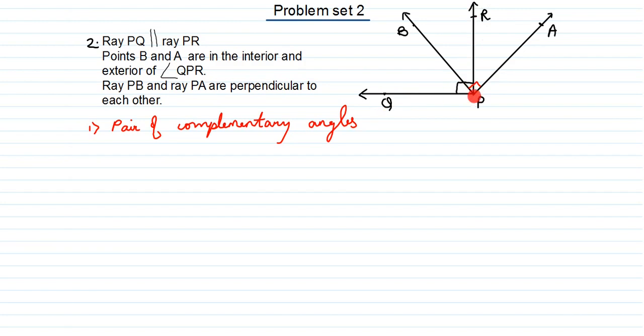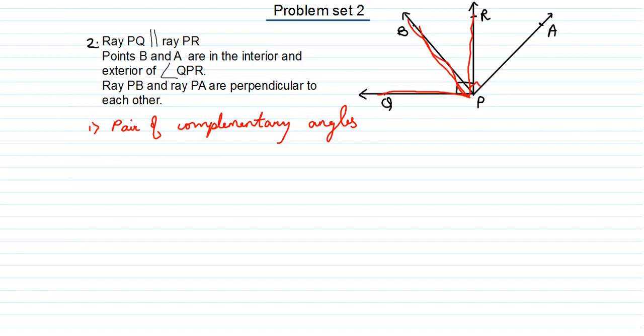But angle QPR is again made by two smaller angles. Let's say I'll mark the angles you have over here: angle BPQ, and the next one is angle RPB. When you add these two angles, you get the bigger angle, that is angle QPR.